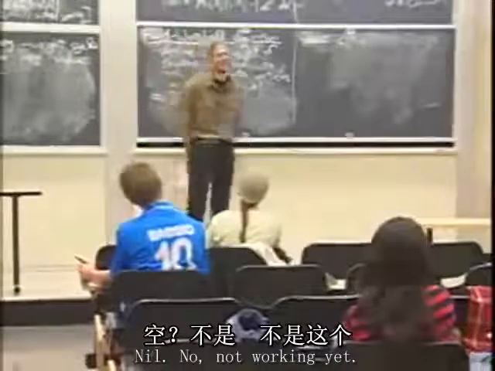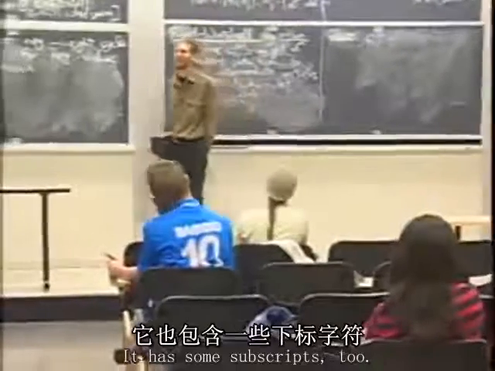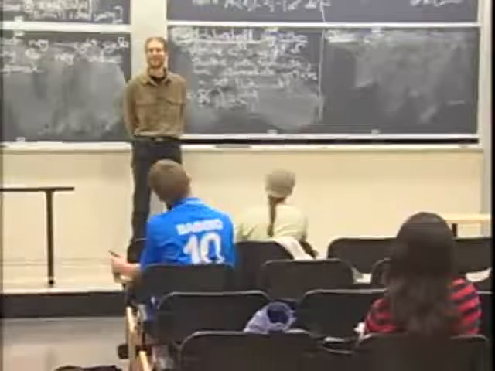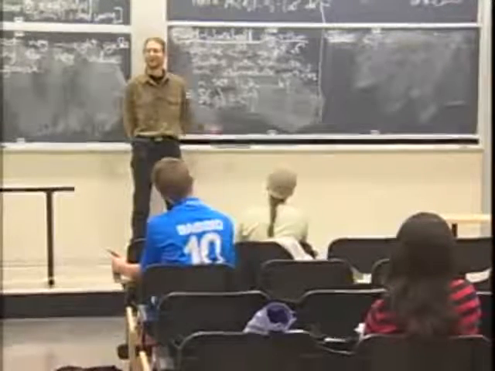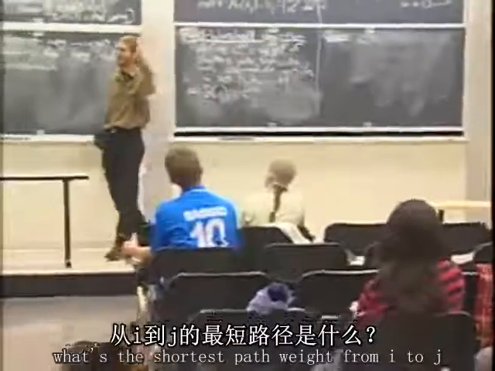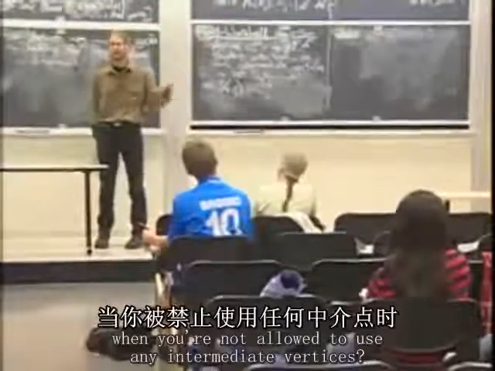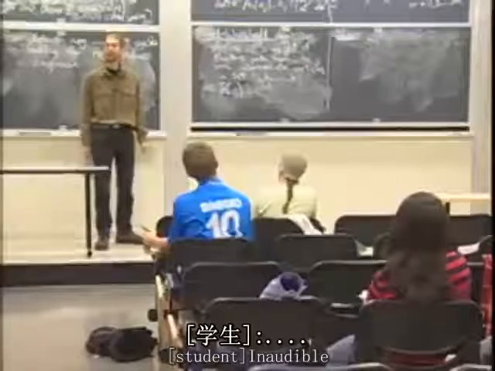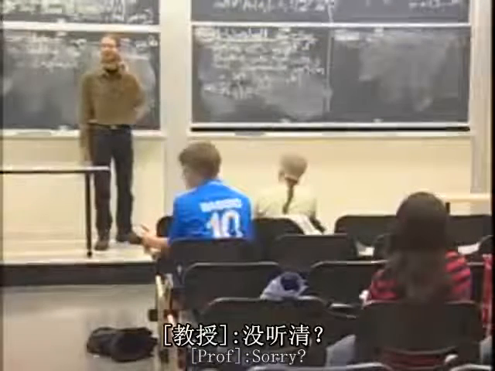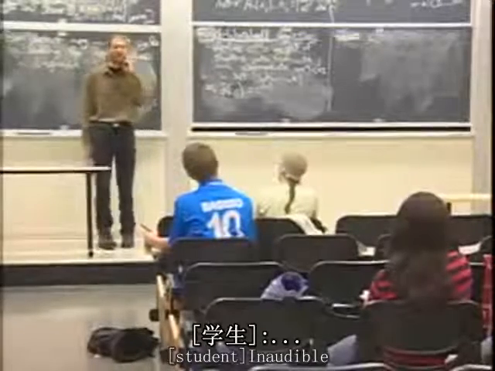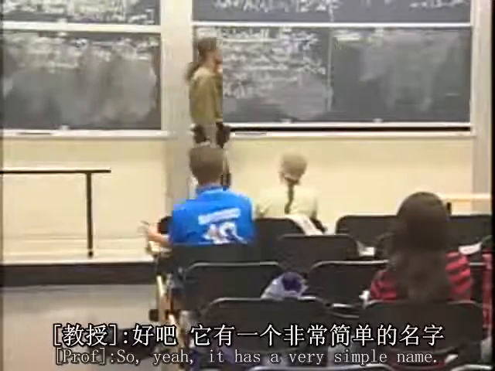No, not working yet. Has some subscripts too. So the definition would be, what's the shortest path weight from i to j when you're not allowed to use any intermediate vertices? Sorry? South, yeah, so it has a very simple name.